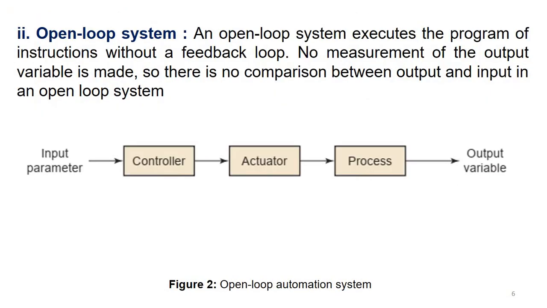In an open loop system there is no feedback device, so we cannot control the output. It means the machine gives the same output throughout the process, and we cannot change the process or the output.